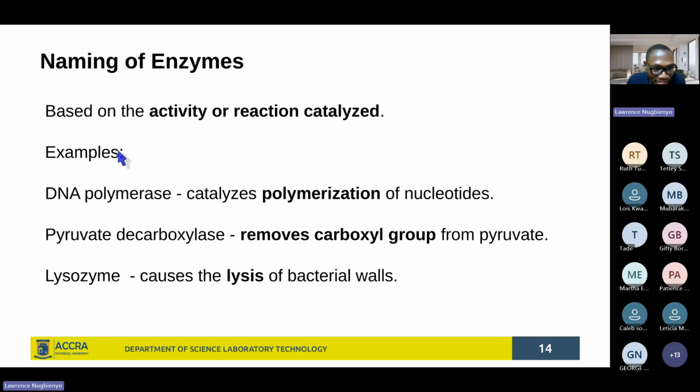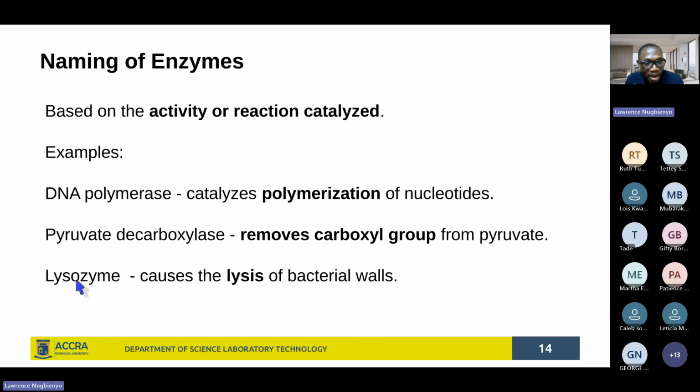You have seen these enzymes acting in different reactions before. Like pyruvate decarboxylase, you've seen it in carbohydrate metabolism, and you've seen DNA polymerase too a lot of times at the HND level. So you see pyruvate decarboxylase is removing the carboxyl group, the COOH group, from pyruvate. The substrate is pyruvate.